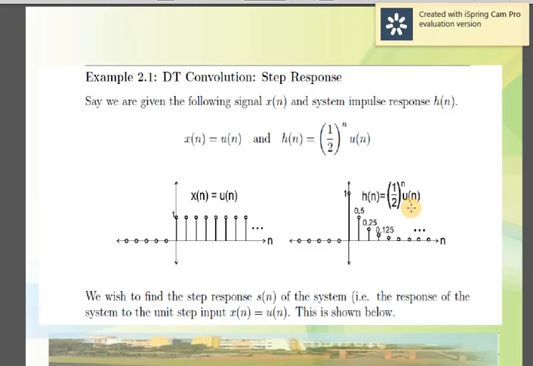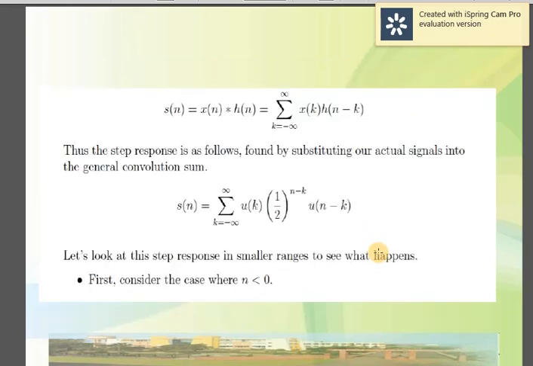If they exist at the same values of k, then it's going to be non-zero. So x of k signal is u of k, and h of n minus k signal is half raised to n minus k into u of n minus k.